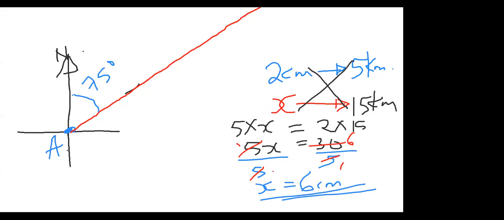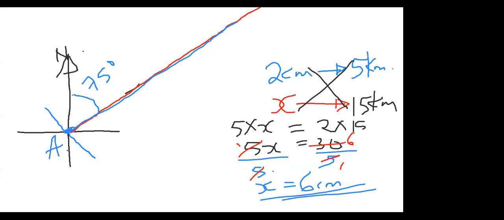So you're going to put a ruler from this point along that line and measure 6 centimeters, from 0 to 6 centimeters, and you make a mark.